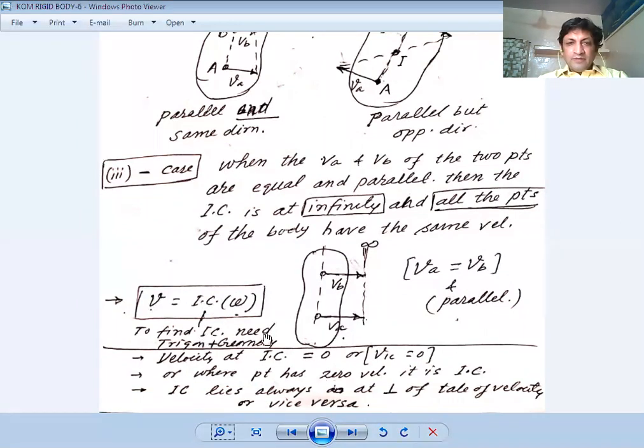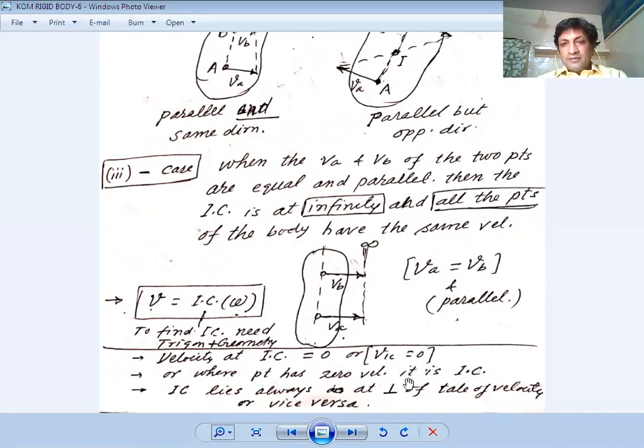To find the IC distance, we need some trigonometry and geometry, so brush up on your trigonometry and geometry, especially symmetrical parts, and how to calculate angles and sides. Another important point: velocity at the IC is equal to 0, and where a point has 0 velocity, it is the IC.